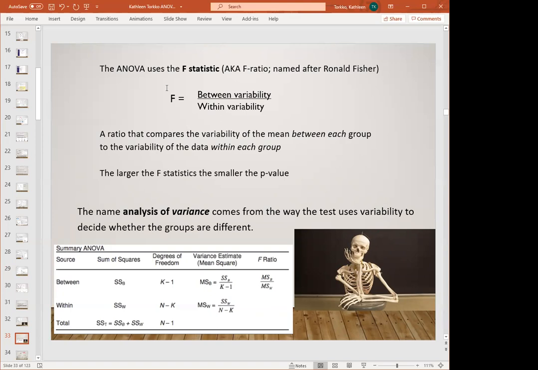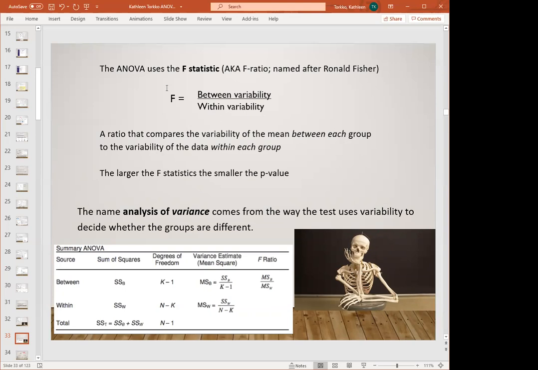The between variability is how variable the means are between each group, the variability between your three groups. For example, if we're looking at the DMSO, the V group, and the SAG group, how different are the means from each other. And the within variability is how variable the data points are within each individual group.